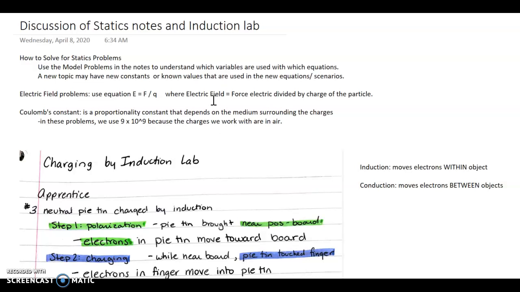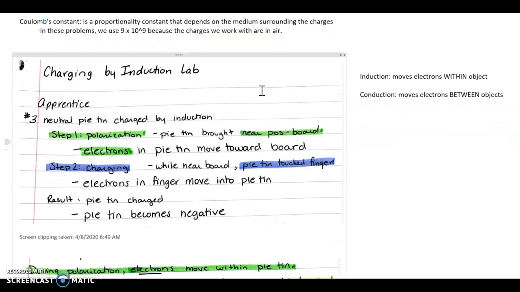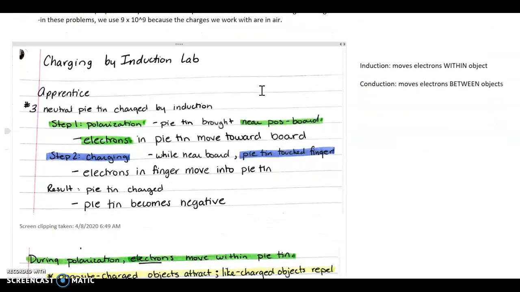Here in the induction lab, I put in some of my notes. Induction, we're moving electrons within the object, so we're not touching the object; we're using another object to shift the electrons inside that object.